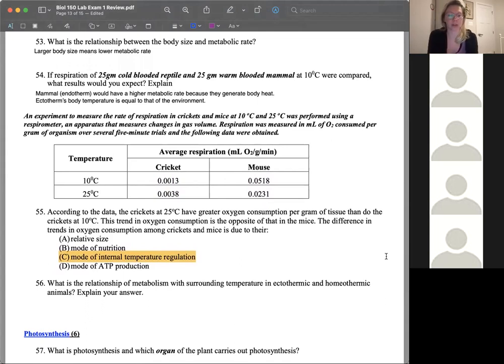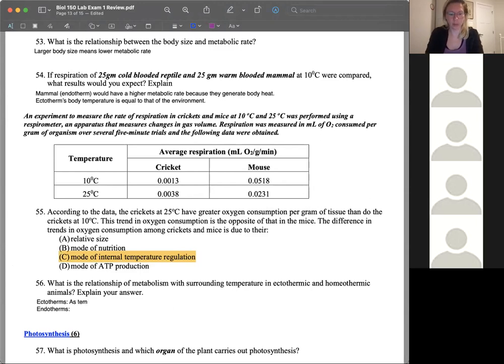And I basically just explained this answer, but okay, let's put this into words. So the relationship of metabolism with surrounding temperatures. I will say it this way.